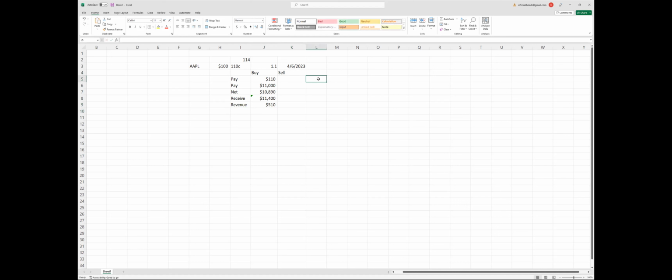Okay, so on the sell side, we're going to receive 110 because it's all the opposite, right? So you're going to receive 110, and then you'll have to sell your shares, and you're going to receive that, which is going to net you $11,110.